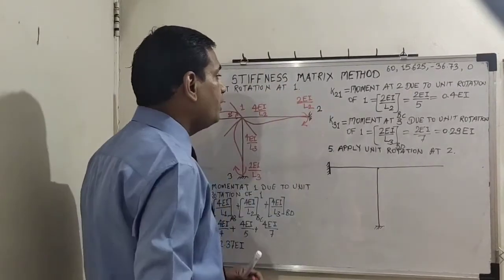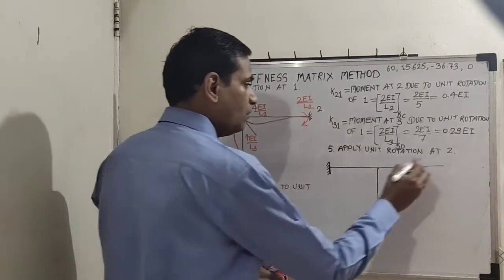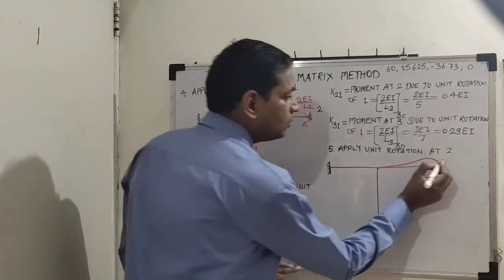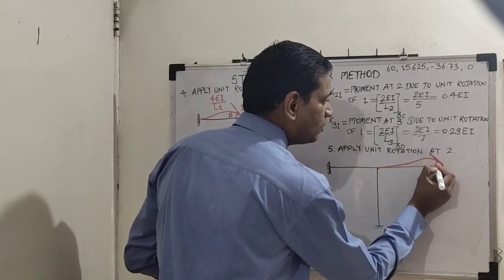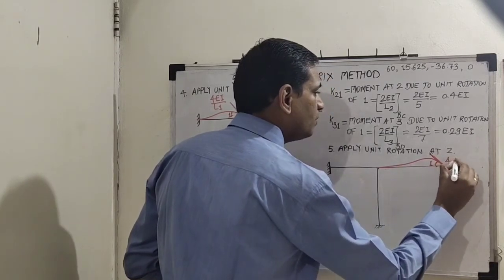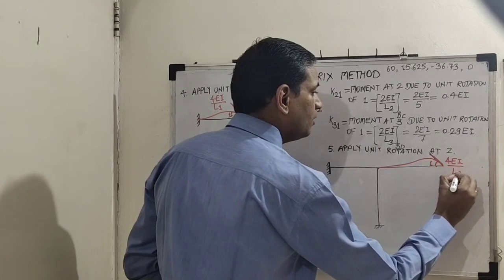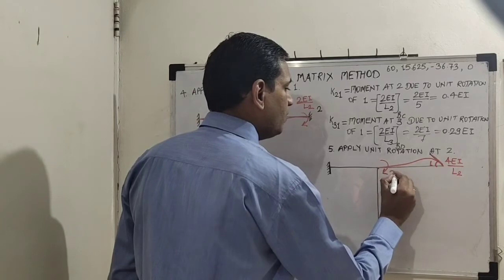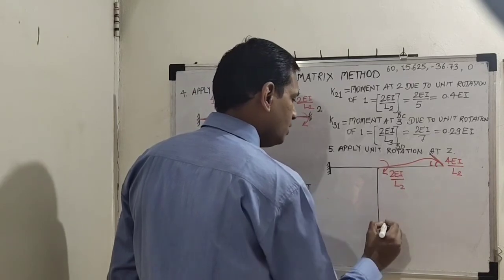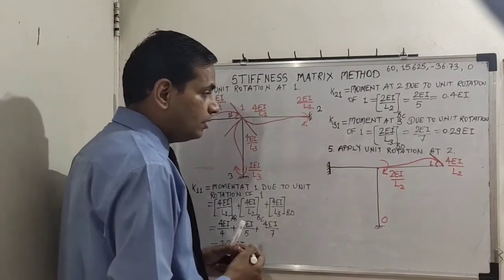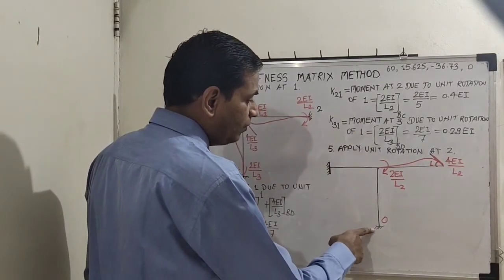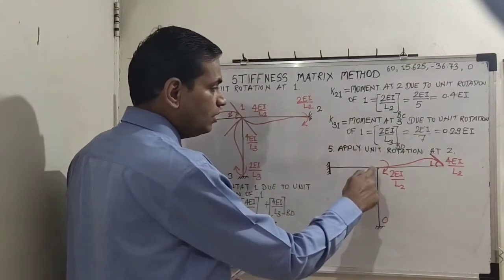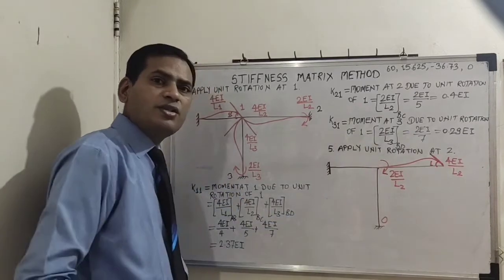So if you rotate this joint clockwise, deformed shape will be something like this. So this is 1 radian and value is 4EI by L2. Okay, here it will be 2EI by L2 and here it will be 0. Why? There is no half value coming from this end as it is coming to this end, because this is not undergoing any rotation.